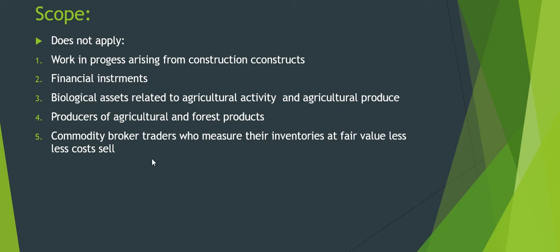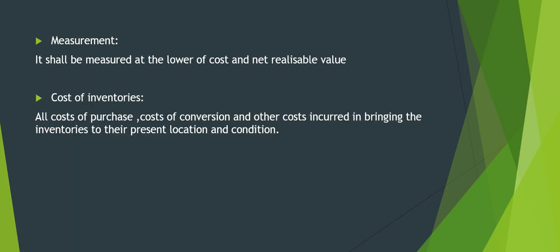And also the commodity broker traders who measure their inventory at fair value less cost to sell cannot estimate the value of the inventory under this particular standard. So how is it measured according to this standard?